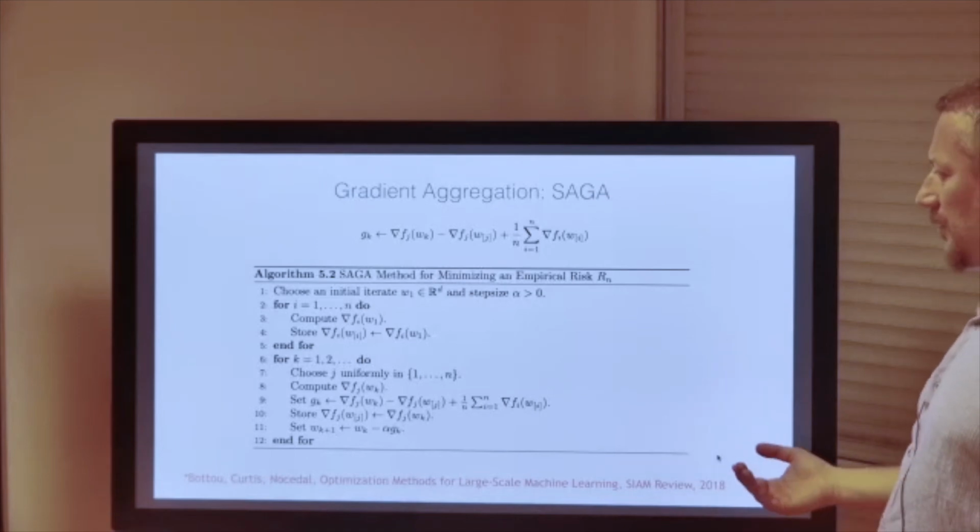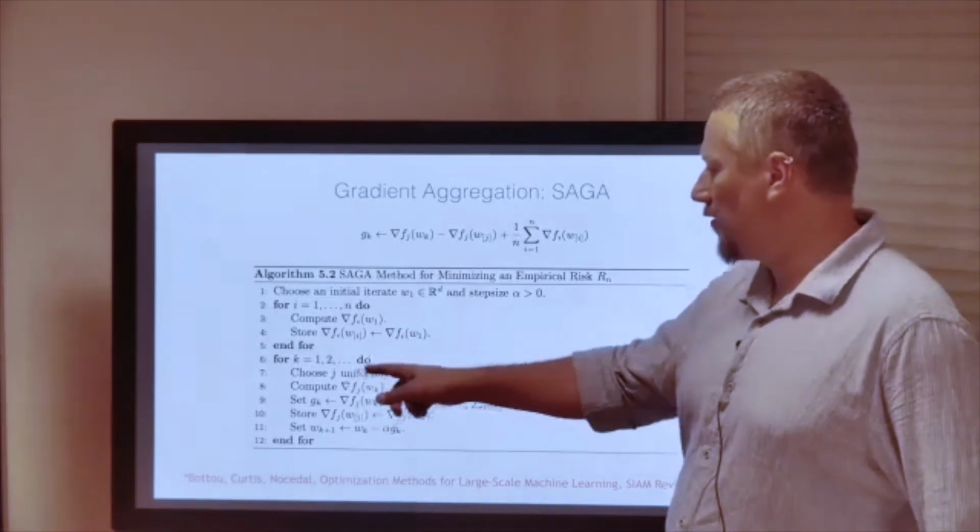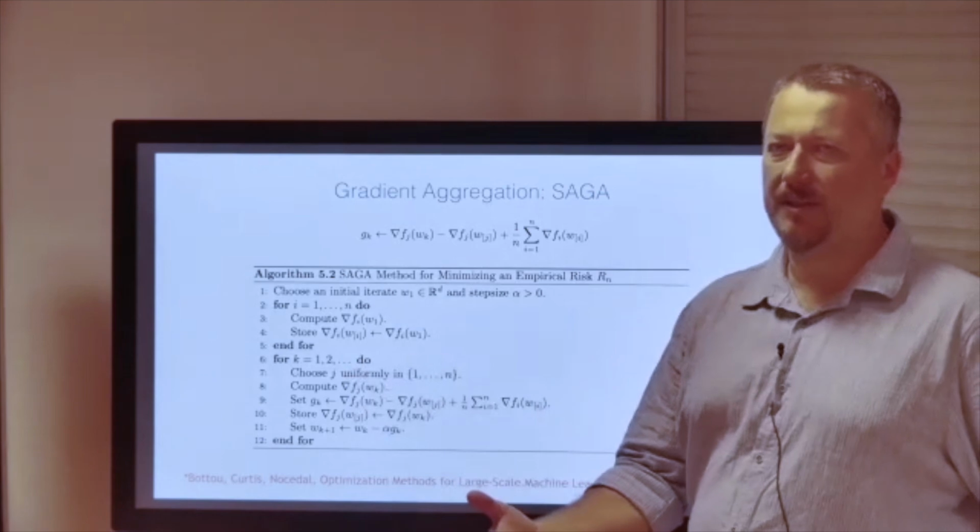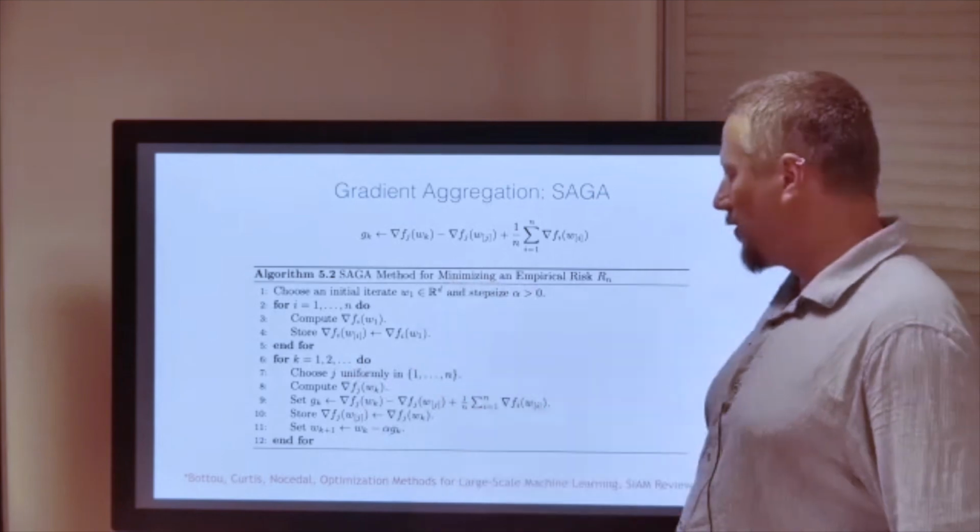Then at each step, you choose a j uniformly from 1 to n, that is, you choose a data point uniformly from the training set.